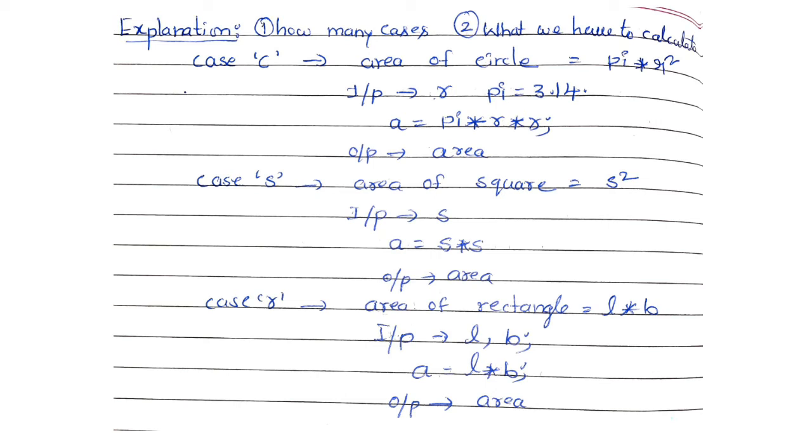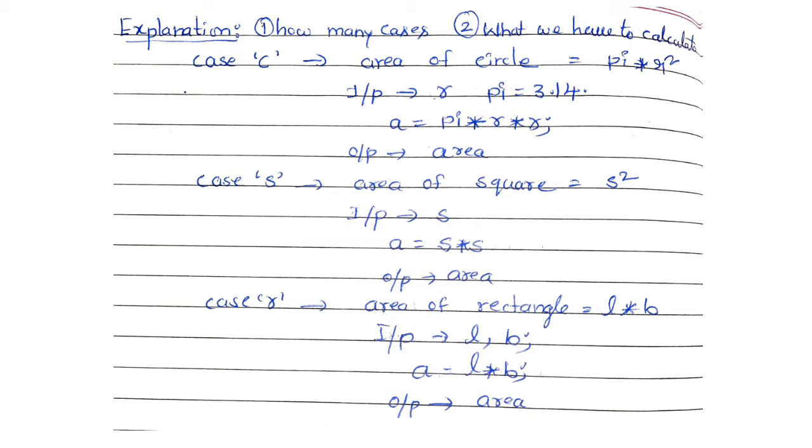The input, the calculation and the output are done in the case only, not outside of the switch statement. In the cases only we are doing the input, calculation, and output. That's why I have written here in case C, area of circle we have to find, that is pi into r square.